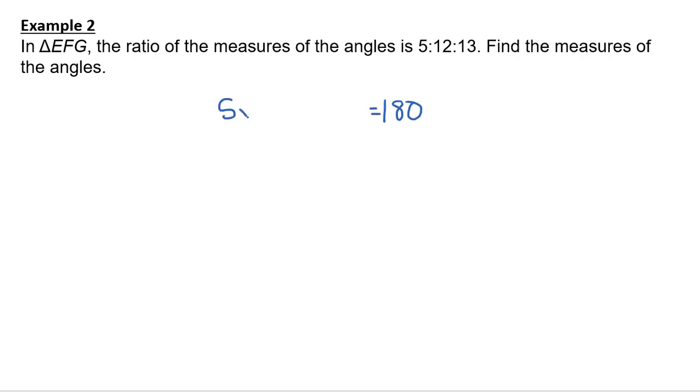So 5x plus 12x plus 13x, because x is kind of like the ratio or the proportion that they're all equal to. Okay, simplify that. When I add that together, I get 30x is equal to 180.